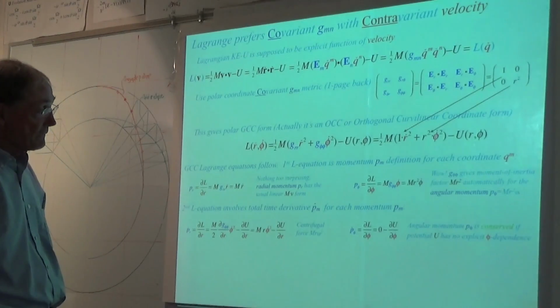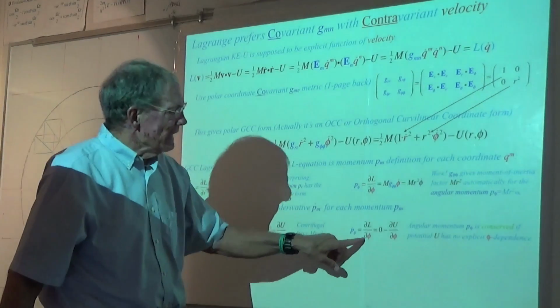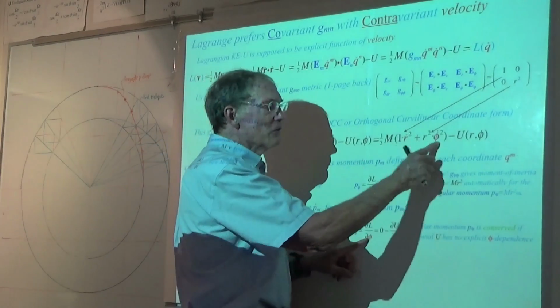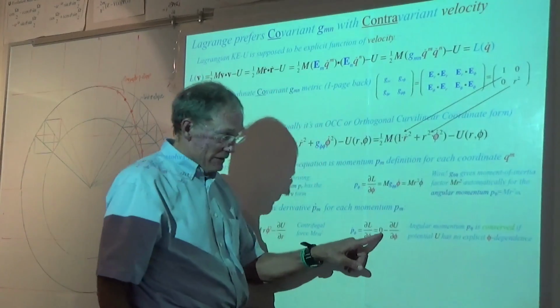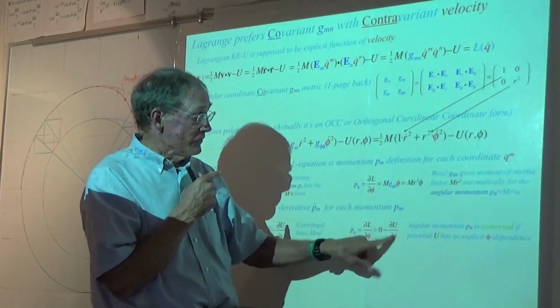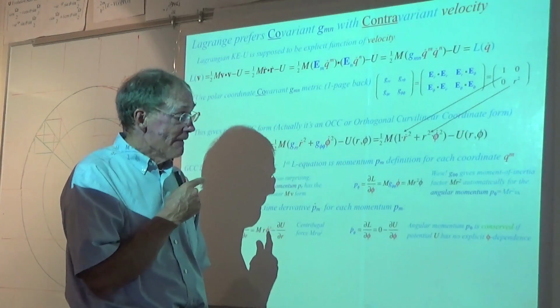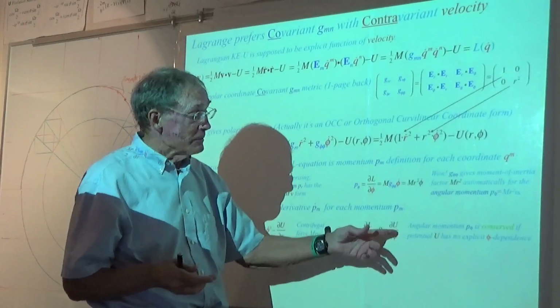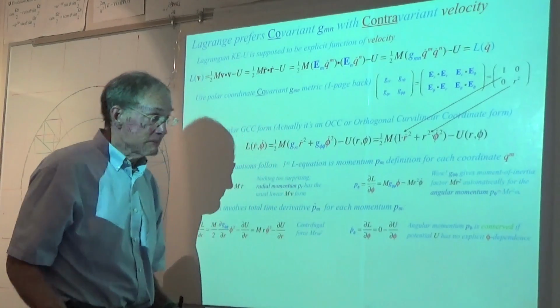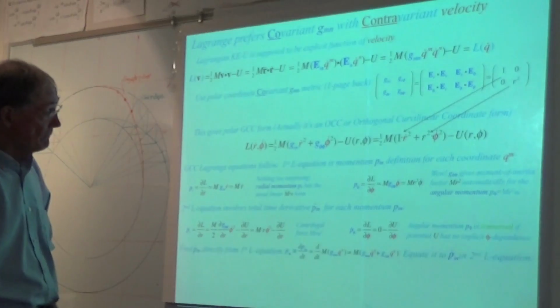Now p dot phi, if I look through here and try to find a phi, I don't find one, so I'm not getting anything. But maybe there's a phi in the potential. If there is, I'll get that. But if there isn't, if there's no phi in the potential, then this is telling me the angular momentum is conserved. Once again, a symmetry rule.